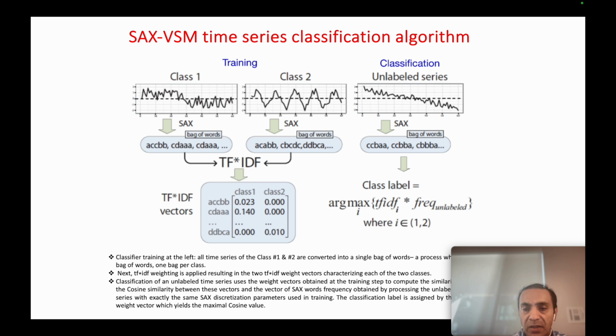The classification label is assigned by identifying the weight vector which yields the maximal cosine value. The maximal cosine value means that the weight vectors of the training data and the testing data are similar. Whenever they are similar, we know that the label that comes from the training data is the label to be assigned to that class in the testing data.